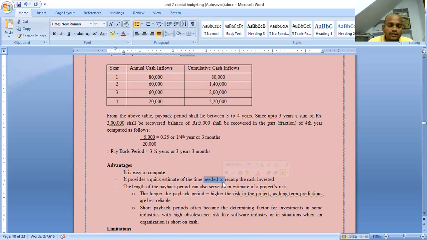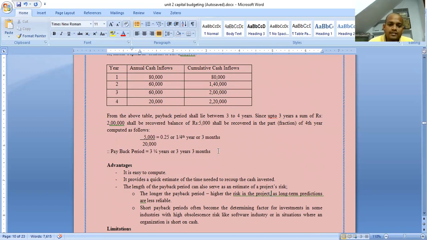The third one: the length of the payback period can also serve as an estimate of the project's risk. The longer the payback period, the higher the risk of the project, as long-term predictions are less reliable.